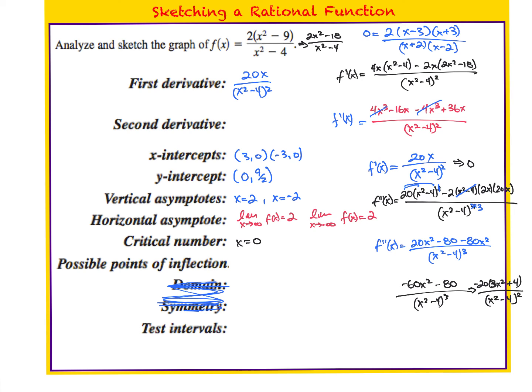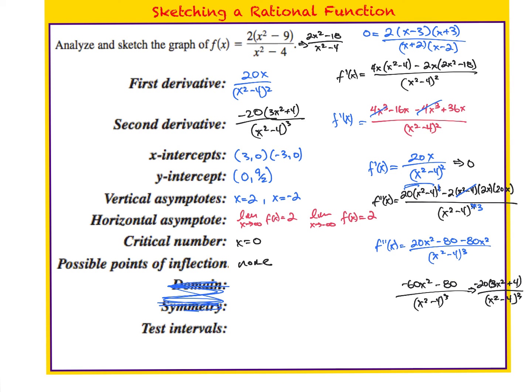So that numerator is really always going to be what? Negative. All right, so there's my second derivative: negative 20 times 3x squared plus 4 over x squared minus 4 cubed. So no p-poise.